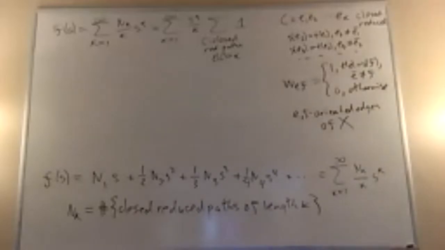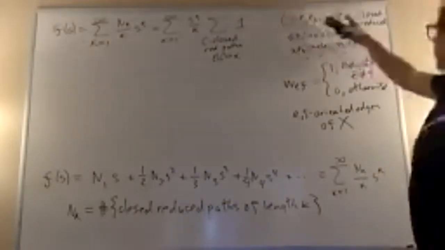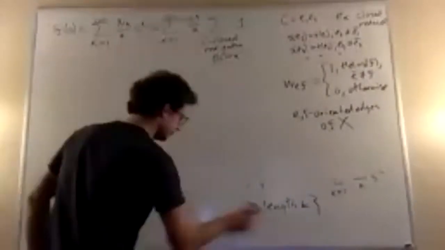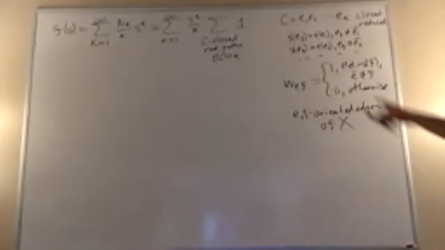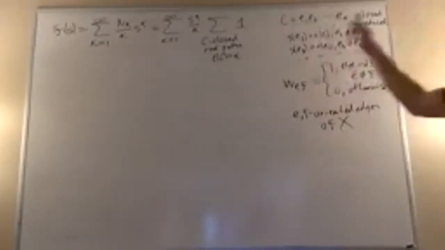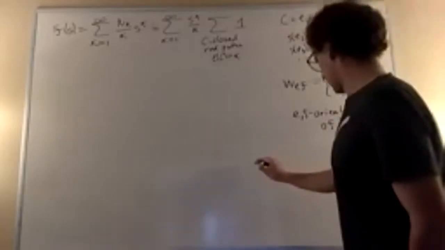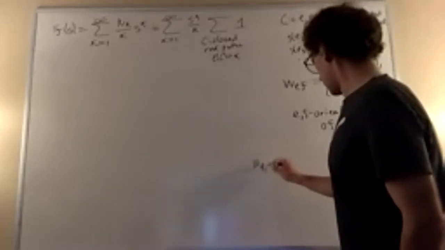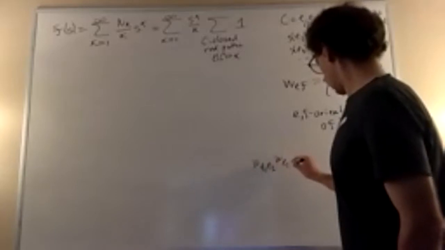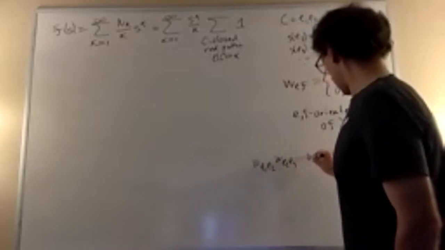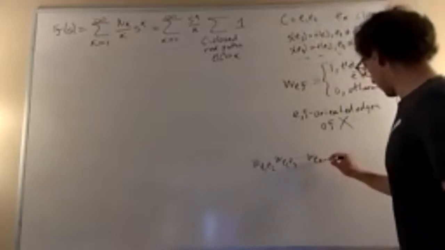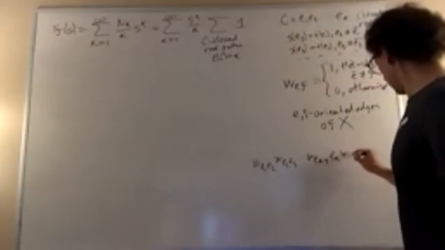And so therefore, how do I measure whether or not this path is closed? Well, given such a path, a sequence of oriented edges, I'm going to compute the following quantity: W(e1,e2), W(e2,e3), etc., W(e_{k-1},e_k), W(e_k,e1).